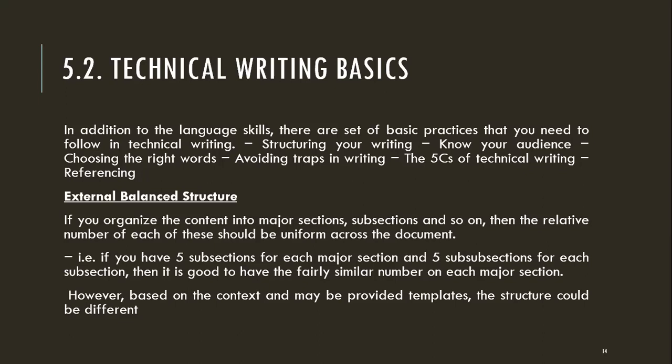So, for example, if you have 5 subsections for each major section and 5 subsections for each subsection, then it is good to have a fairly similar number in each major section. So you have to have a good sketch or structure. However, based on the context, you may be provided templates, and the structure could be different. So there are points that you can deviate from.